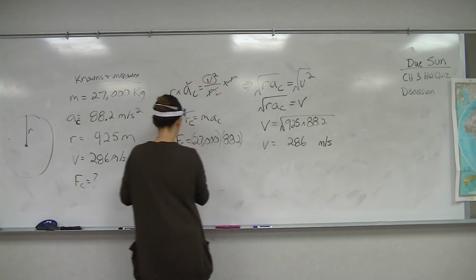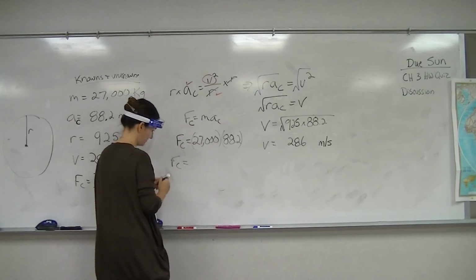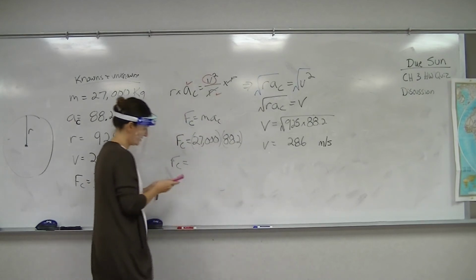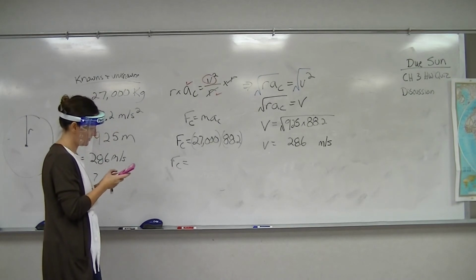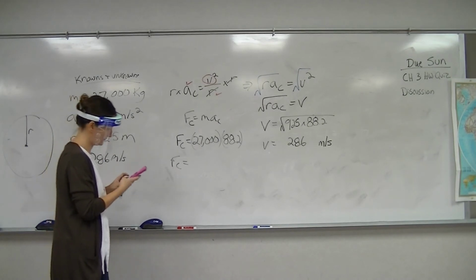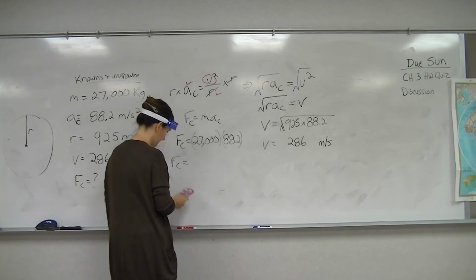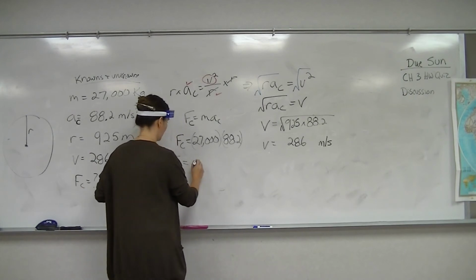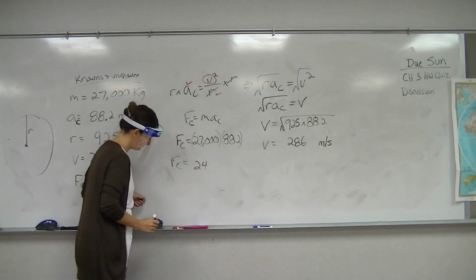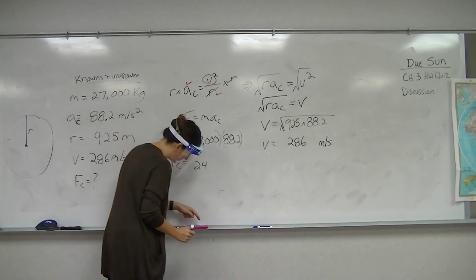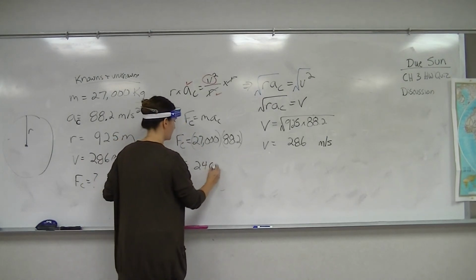Notice we're only having 2 sig figs. That's going to be huge on my calculator, just so that I know how many zeros. Oh, wait a minute. So 24, we would have to round it up. And then 1, 2, 3, 4, 5 zeros.